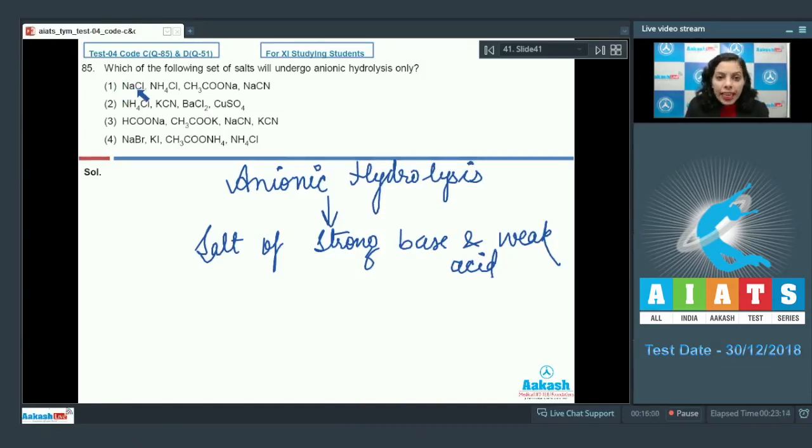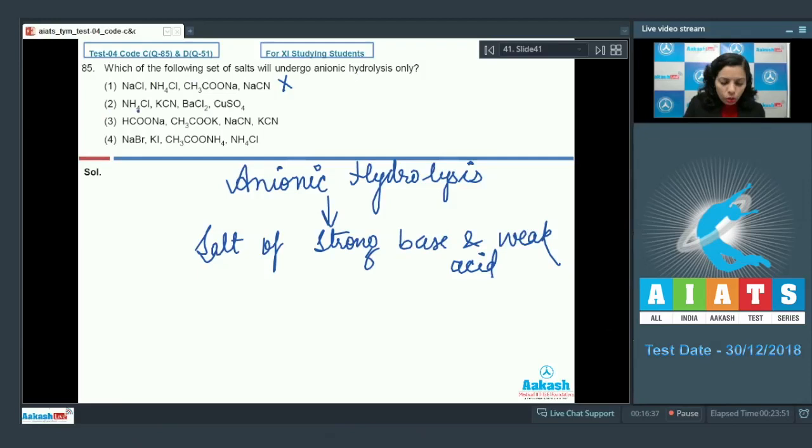In the first option, NaCl is given, the salt of a strong acid and a strong base. NH4Cl, the salt of a strong acid and a weak base. Sodium acetate, the salt of a strong base and a weak acid, while NaCN is the salt of a strong base and a weak acid. It means this group is not following the condition. What was the condition? That all of these salts will undergo anionic hydrolysis. That condition is not followed in this case because NaCl is the salt of a strong acid and a strong base, and that's why it will not undergo anionic hydrolysis.